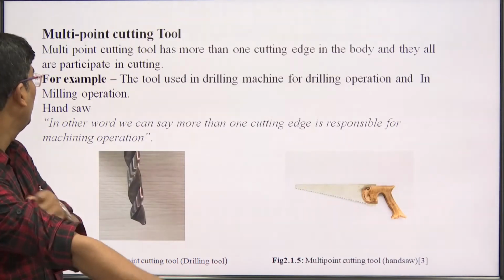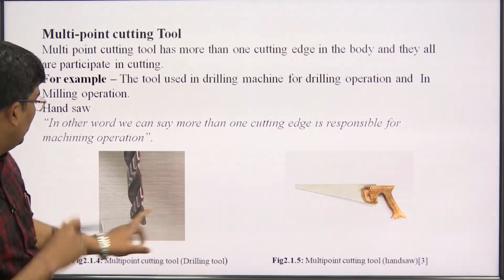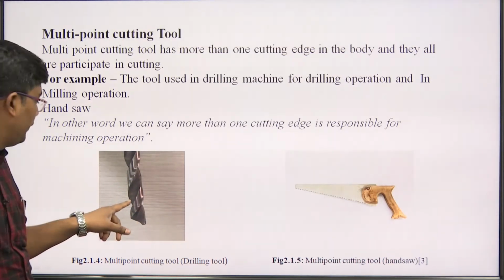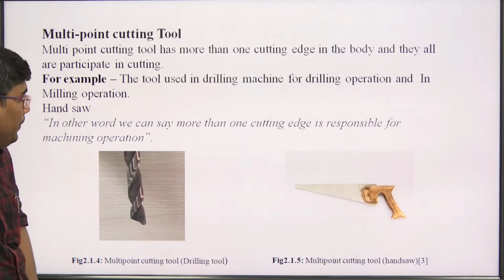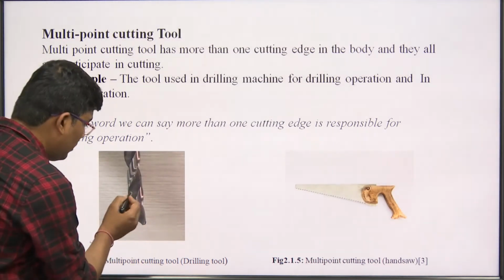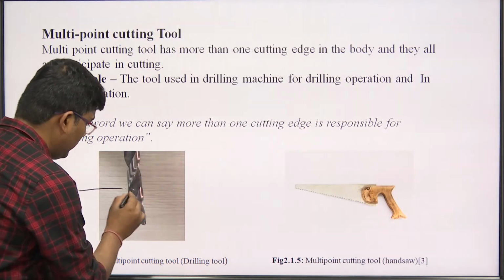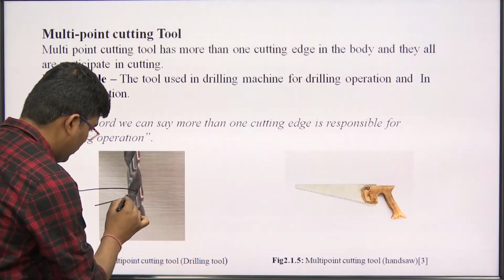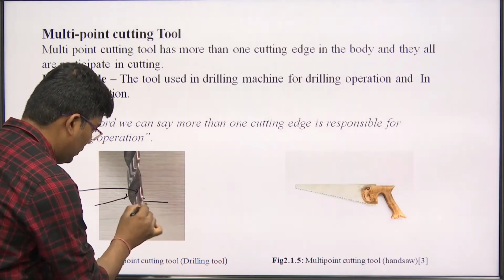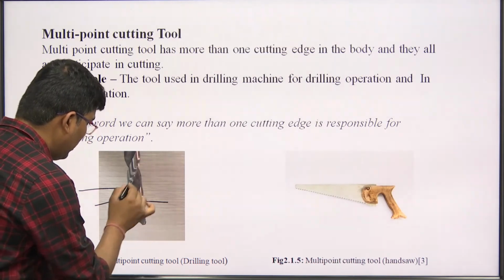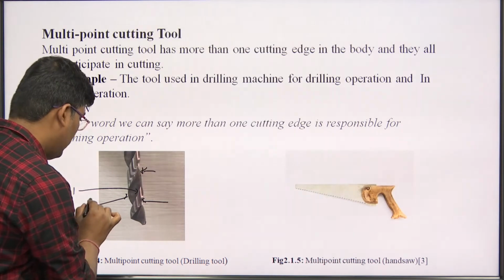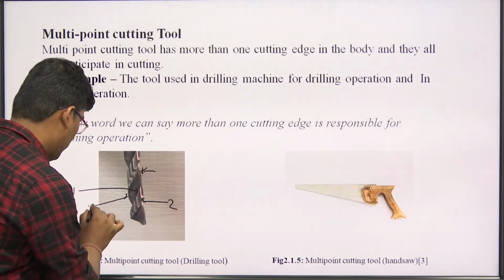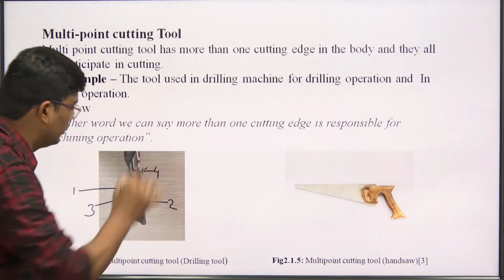In a multiple point cutting tool, in this image, this is a drilling tool, this is a hacksaw. You can see there is more than one cutting edge: 1, 2, 3, and one is hidden, this is the fourth cutting edge.